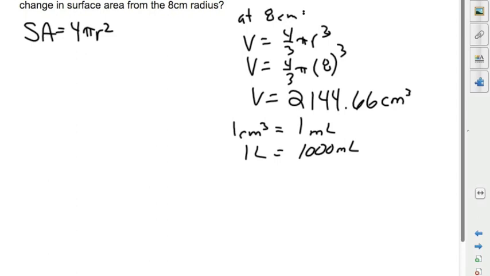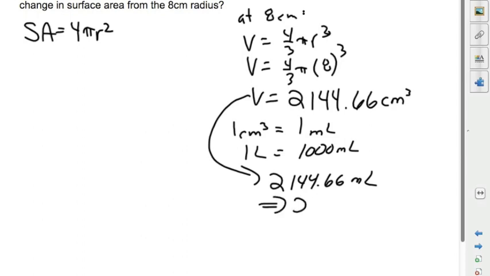So this is really 2144.66 milliliters, and we need to divide that by 1,000 to get 2.14466 liters. So that's what Colin has said. That's how many liters of air is in that balloon when its radius is 8 centimeters.